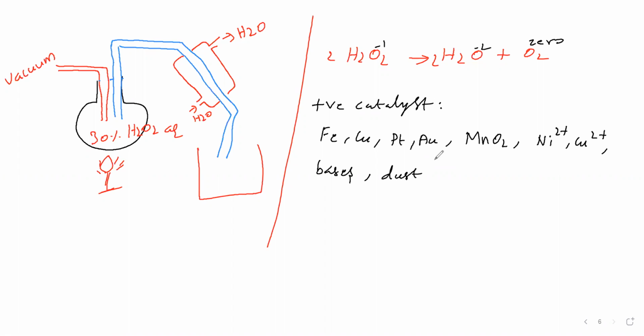Now you may ask, why do we use hydrogen peroxide to clean a wound, to clean the nails, to clean the ear? Because where dust is there in the nails, where dirt is there, we add hydrogen peroxide in order to remove the dirt. On adding hydrogen peroxide to the place of dirt, it undergoes decomposition.